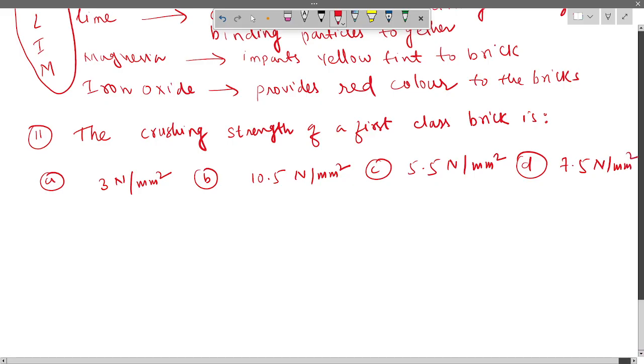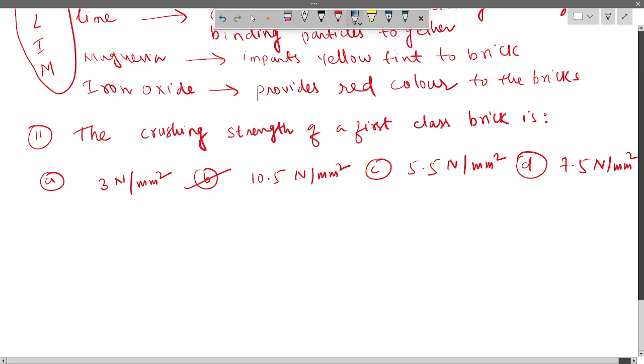So what will be the answer for the first class brick? The answer will be 10.5 Newton per millimeter square. If it is asked in kg per centimeter square, the answer will be 105 kg per centimeter square.